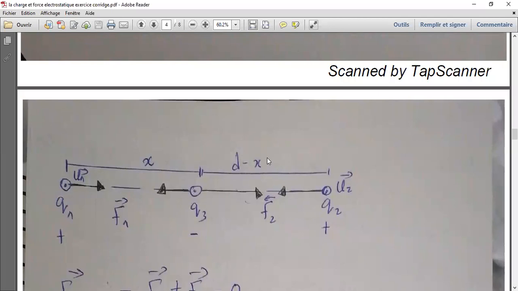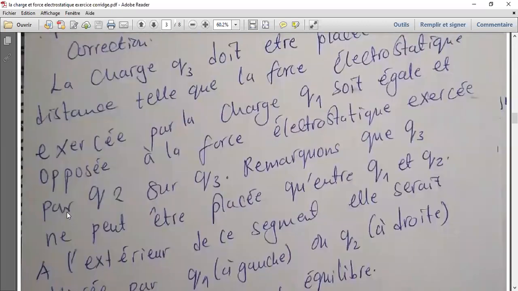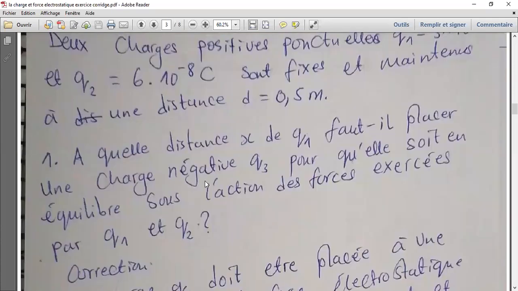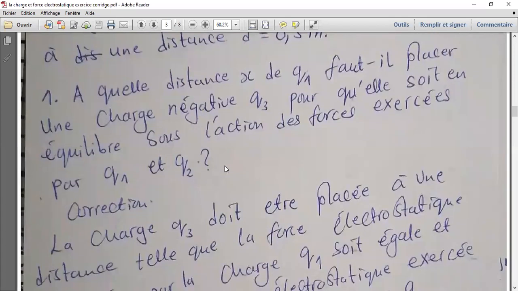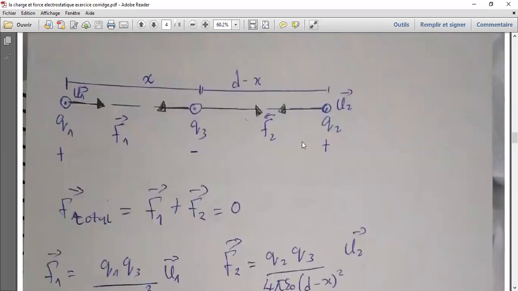So this is the diagram you have. They have told you that the charges Q1 and Q2 are positive, and that Q3 is negative. So you have Q1 positive, Q3 negative, Q2 positive.